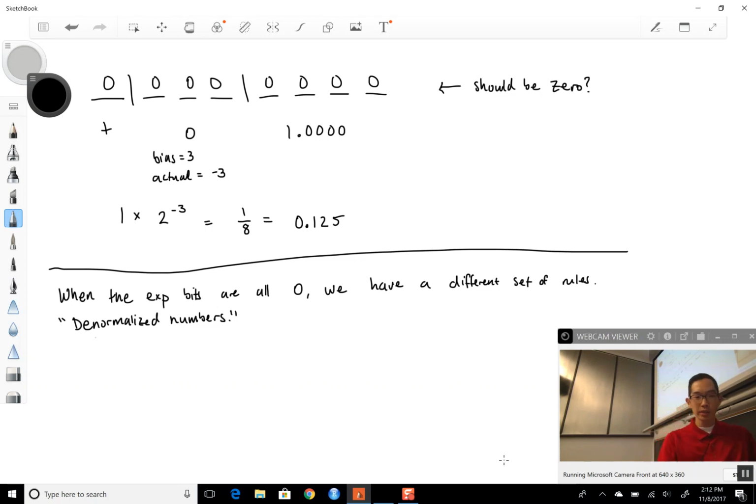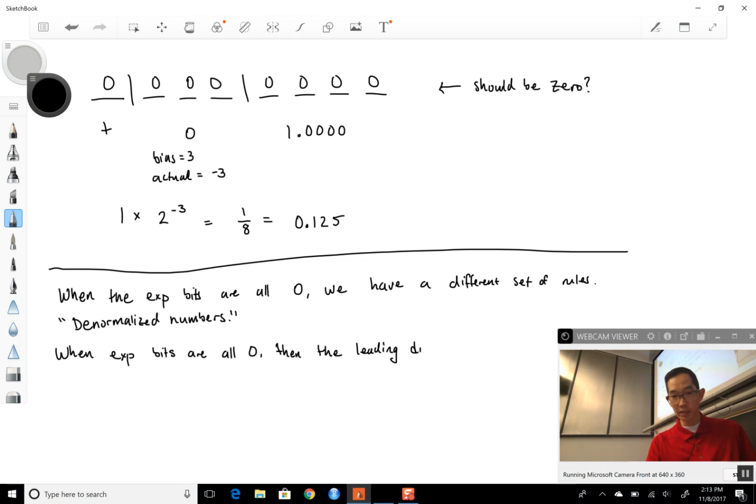So when the exponent bits are all 0, the leading digit in front of the binary point is now a 0.